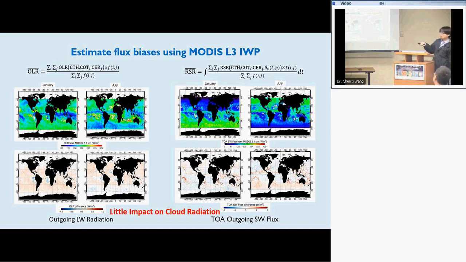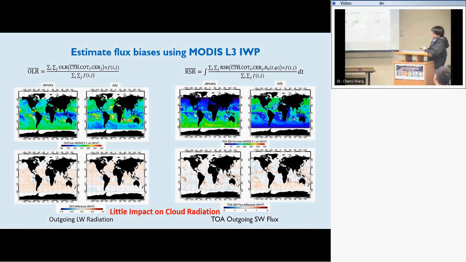Although you find some spatial structures here, if you look at magnitudes, they are very small. They are between negative and positive 0.5 watts per square meter, something like that.